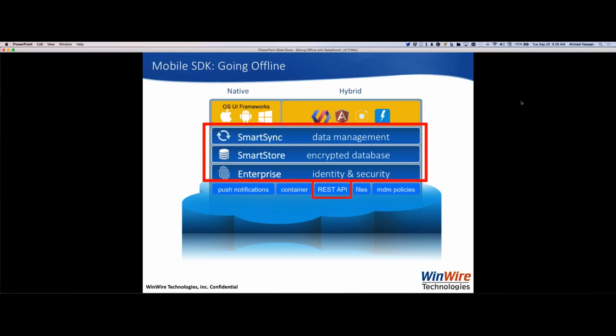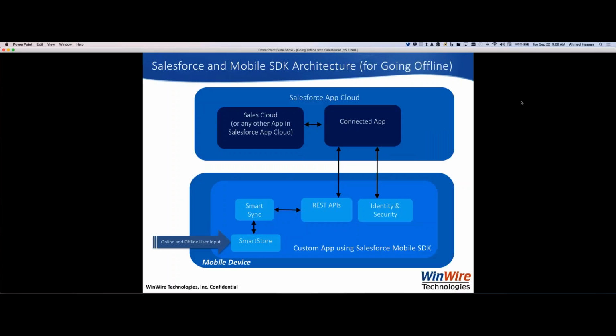So let's talk a little bit about how this whole architecture works and how these components work together. Up in the Salesforce App Cloud, you can have any app running there, whether it's Sales Cloud or another Salesforce app that you are using, Service Cloud, or a custom app that you developed on Force.com.